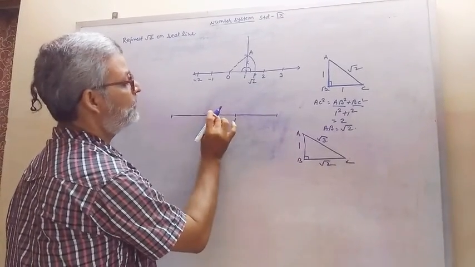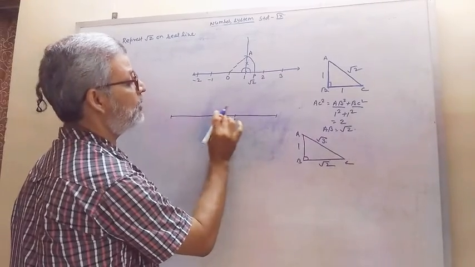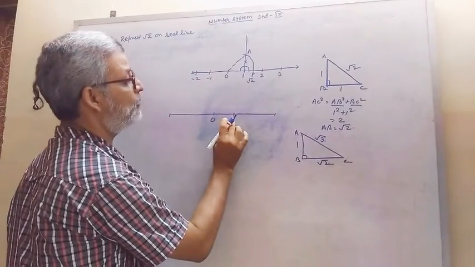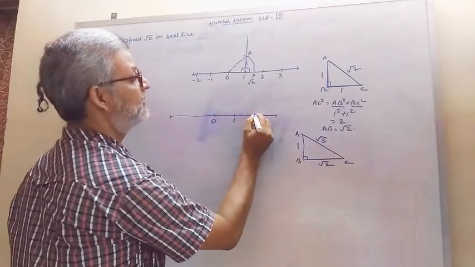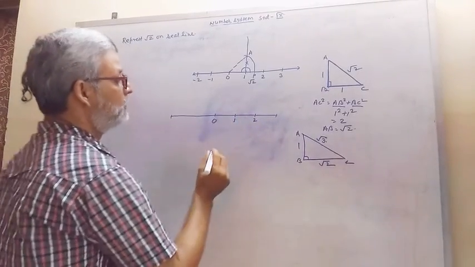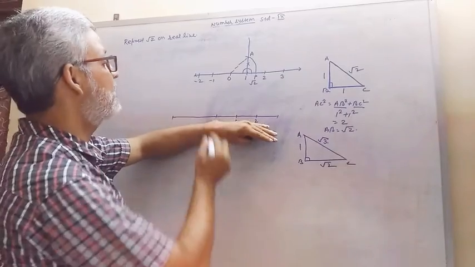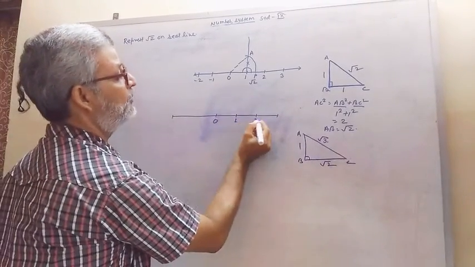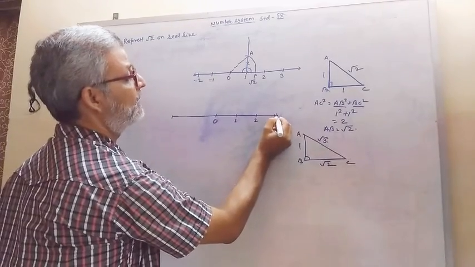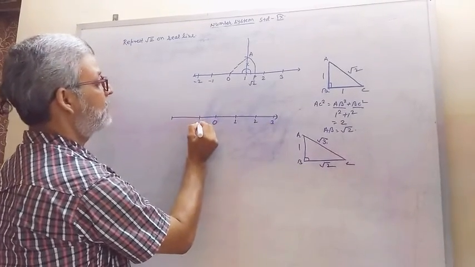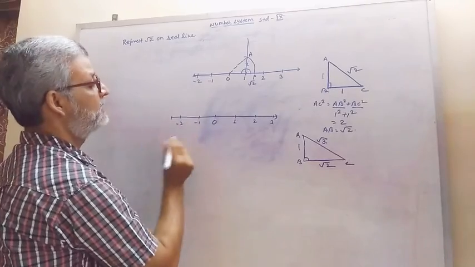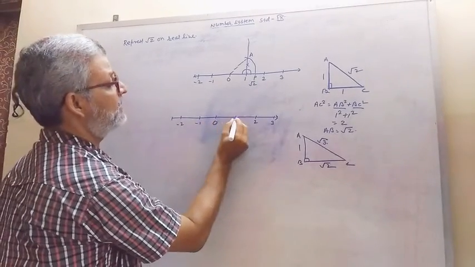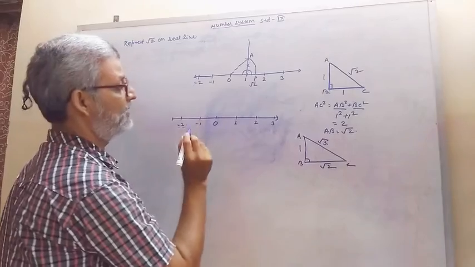This is 1, then 2. Put the straight scale here, mark each 2 centimeters, and write down 1 unit, 2 unit, 3 unit, like this, and -1, -2, like this. All these intervals are 2 centimeters.